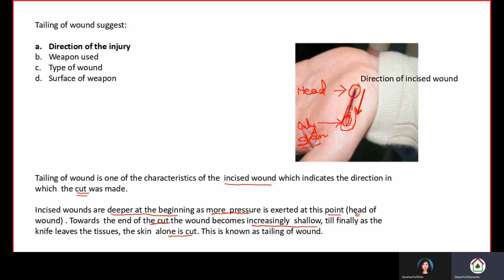So it has not gone deeper. This is called tailing of wound. So it shows the direction has been from this side to this side, from medial towards thumb. So tailing of wound suggests direction of injury.